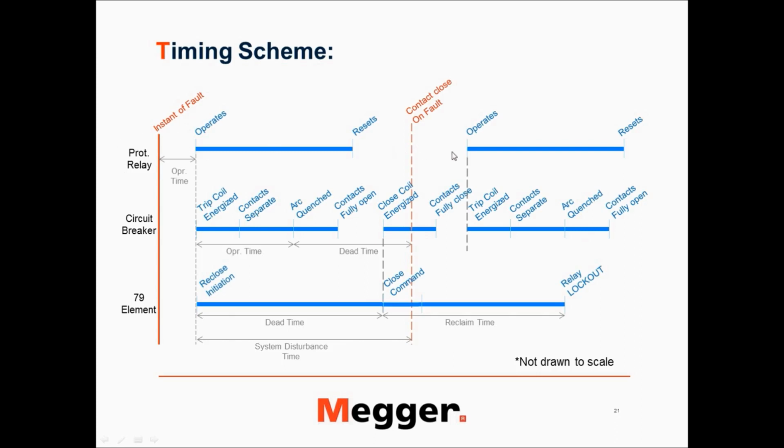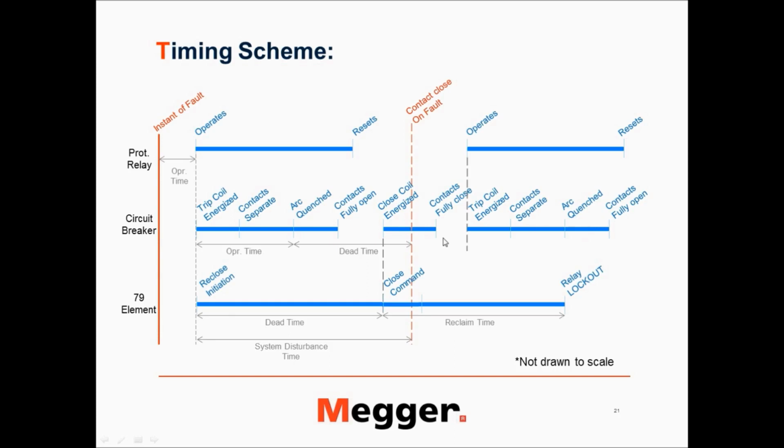Operate means the trip signal is issued by the controller, and the circuit breaker again goes through the trip coil energized, and the contacts are separated. And after the contacts are separated, the arc is quenched, and the contacts are fully open.